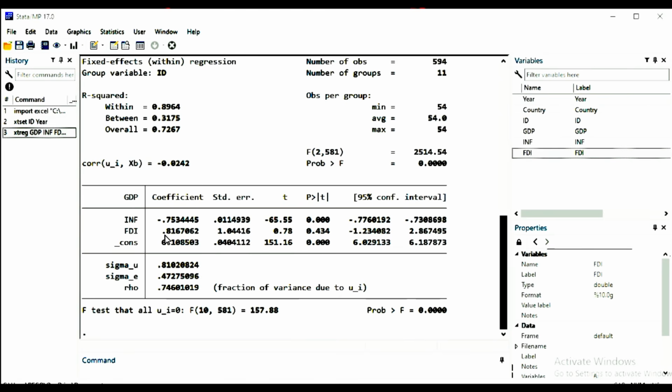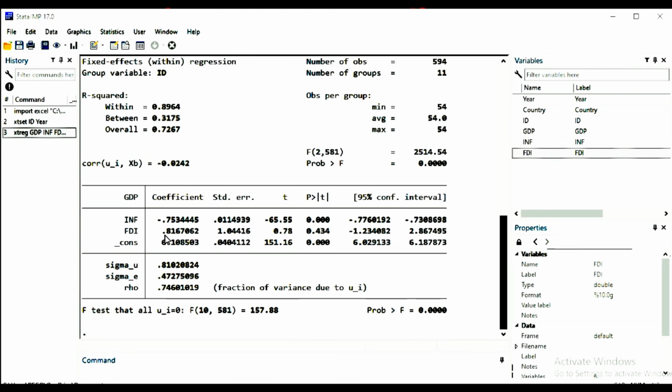Another crucial component of the model results is the estimated coefficient for rho, that is 0.74, which represents country fixed effects. The estimated coefficient for rho, that is 0.746, implies that approximately 74.6% of the total variance in GDP is due to country specific factors.